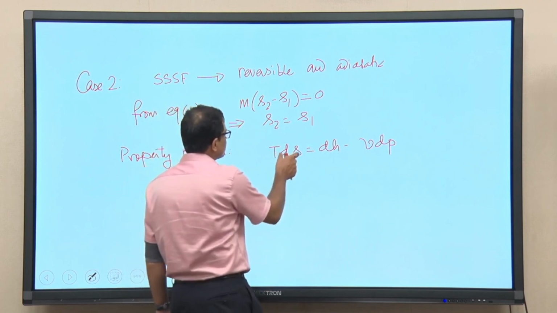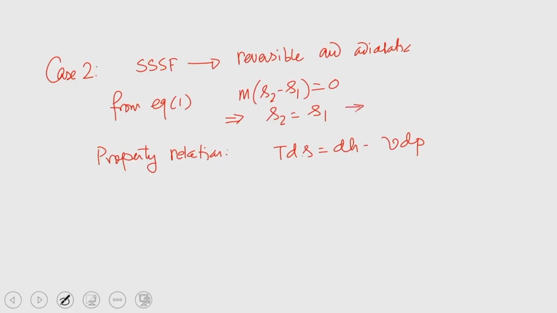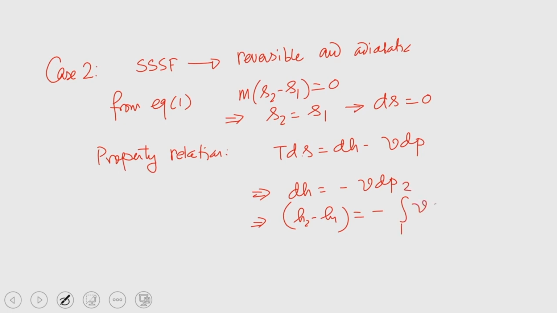So if S2 minus S1 is 0, that implies dS equal to 0. So we can write dH equal to minus VdP, so H2 minus H1 equals minus integral 1 to 2 VdP. Okay, so this is what we can write.